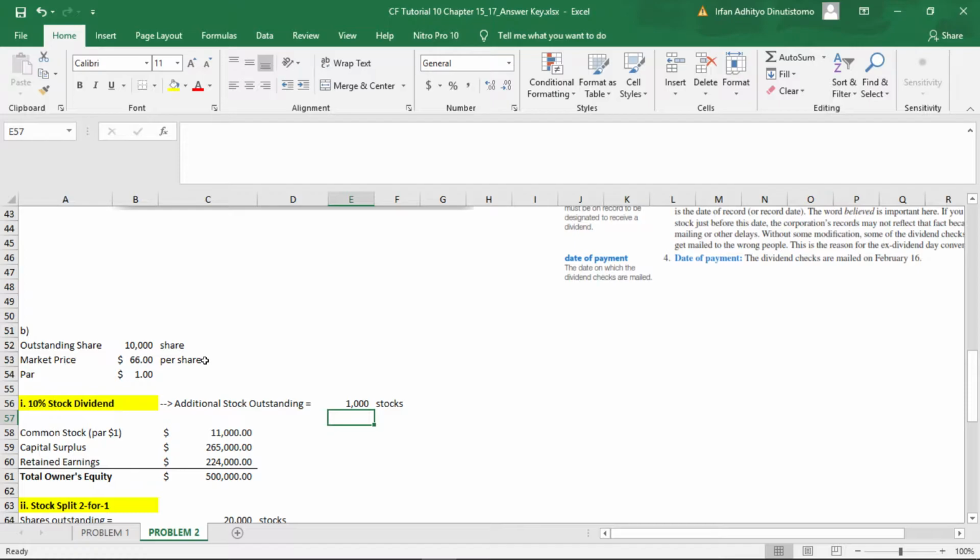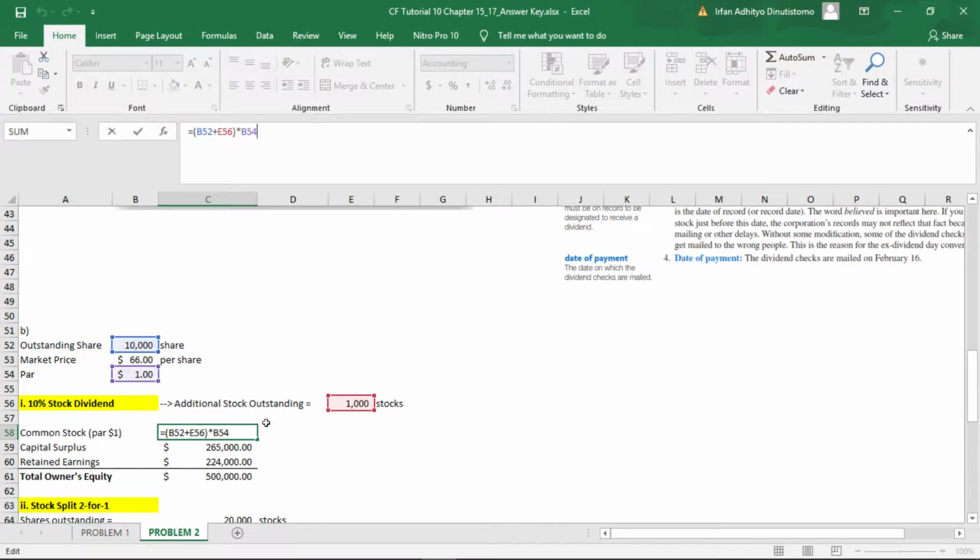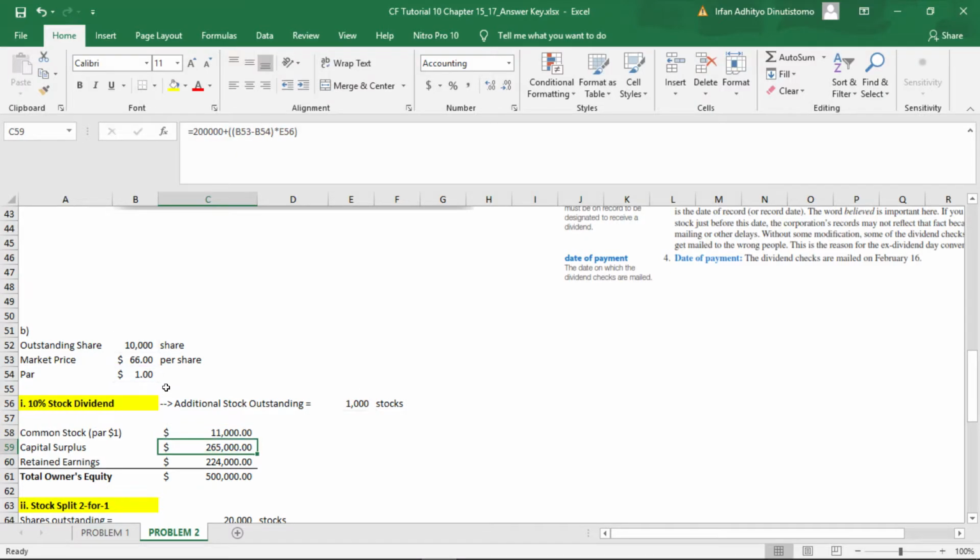So in total they will have 11,000 outstanding shares with a par of $1. The sum of these stocks is $11,000. So what is the capital surplus? Why is it going up to $265,000?